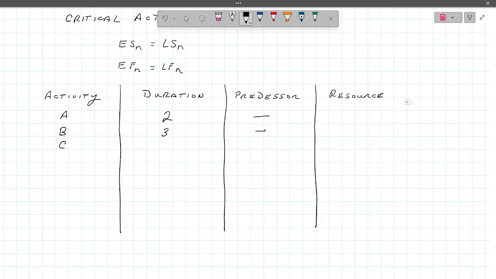C is going to take 1 day, and that has no predecessor. D takes 2 days. It has a predecessor of A. E is going to take 2 days. It has predecessors of A and B.